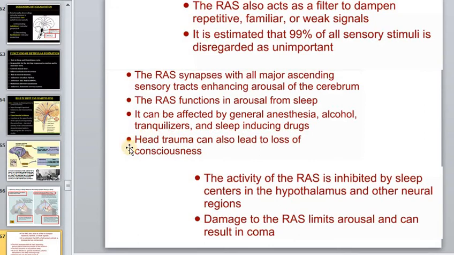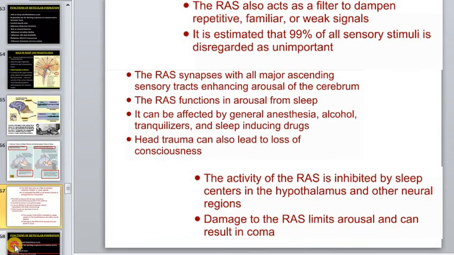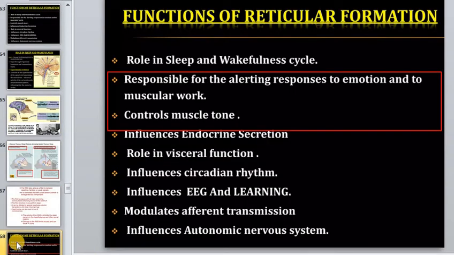Head trauma can also lead to loss of consciousness, and the animal can be unconscious. The activity of the RAS is inhibited by sleep centers in the hypothalamus and other neural regions, and damage to these parts can result in a coma. So we have the next function.